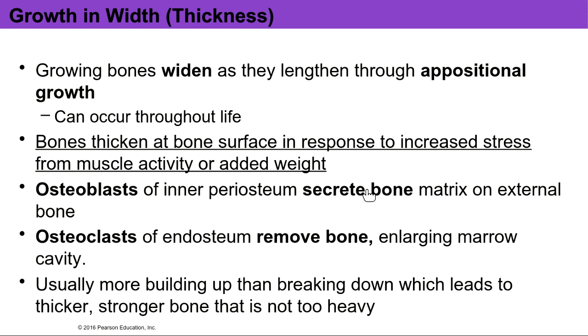Osteoblasts will secrete more bone matrix, more on the external surface of the bone. Osteoclasts throughout life are going to be removing bone. So there's an interplay between osteoblasts and osteoclasts throughout life.